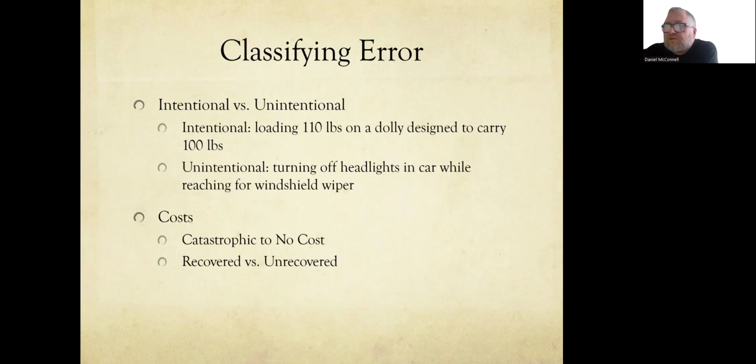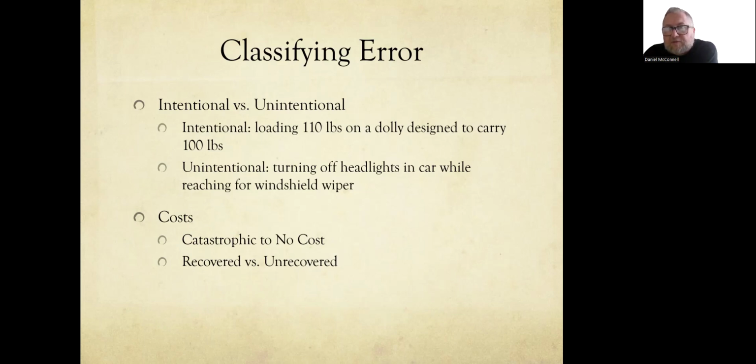And so certainly we don't think of intentional errors very often, right? But people, in fact, do things quite intentionally all the time. Now, I have a fairly simple example here. Imagine a person working in a warehouse who has to transport a 110-pound load, and they have a dolly that is designed and labeled to support only 100 pounds.